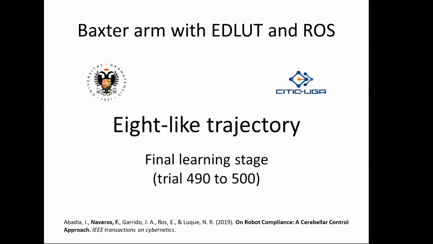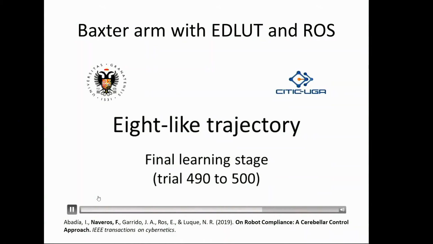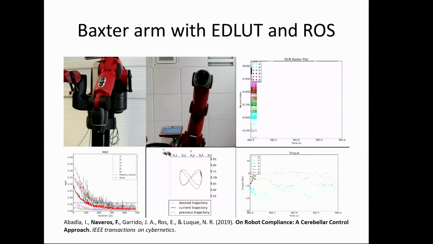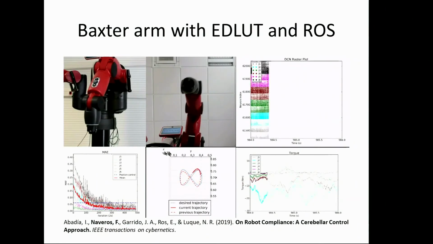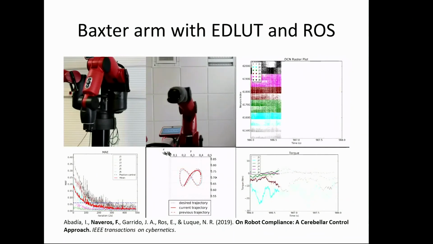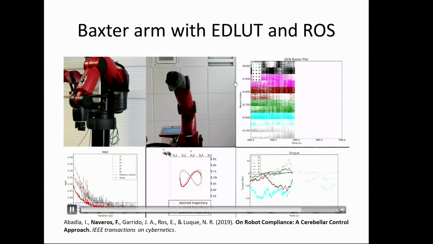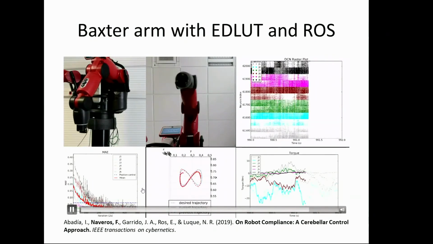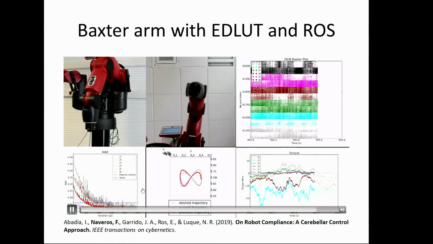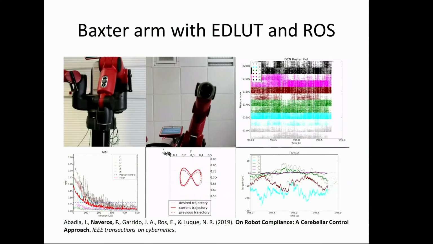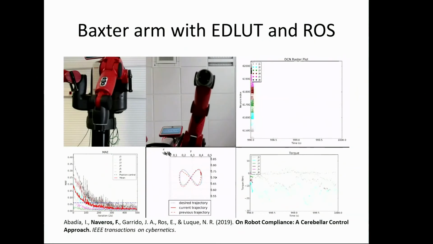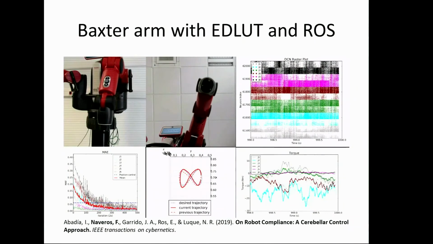And this dashed blue line is the traditional position control method. So we can see how, in this case, the cerebellar model achieves better performance than that position control, that native inbuilt control. So we can use this technology to implement robotic tasks more efficiently in this kind of compliant robot.